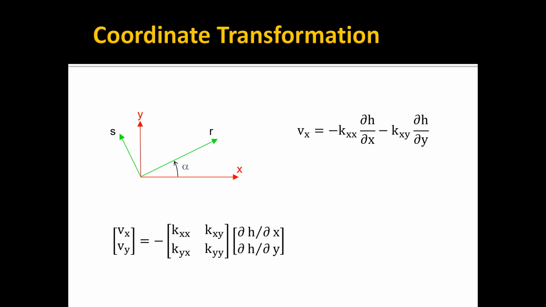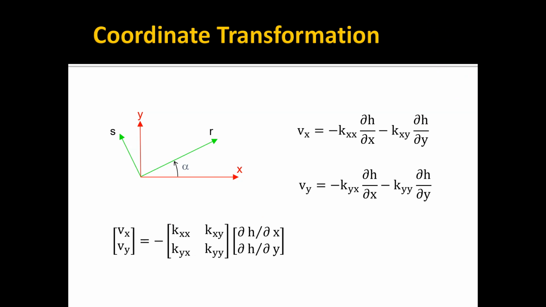And if we multiply through, Vx is equal to minus Kxx times del H del X, the hydraulic gradient in the X direction, minus Kxy times del H del Y. So Vx is equal to this term times this, minus this term times this, and that's how we get that equation. And this is similarly Vy is equal to minus Kyx times del H del X minus Kyy times del H del Y.